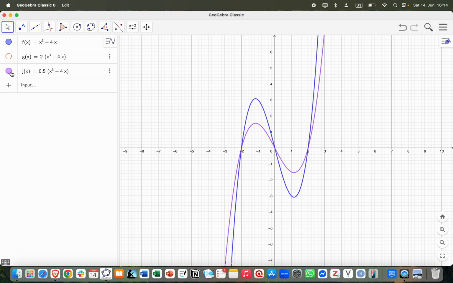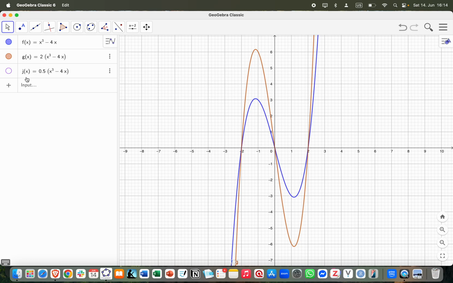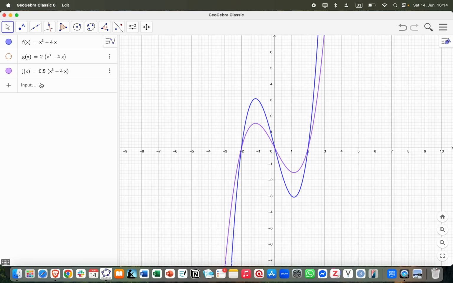So, if you multiply the output of a function by a number greater than 1, for example a larger number, it will stretch the graph vertically. And if you multiply the output by a number less than 1, then it will shrink the graph vertically.